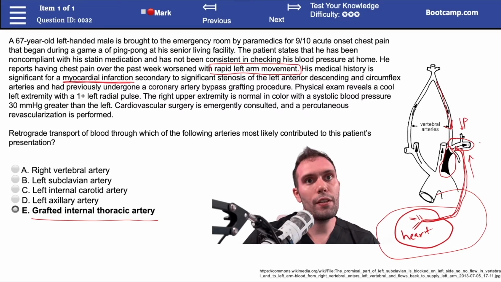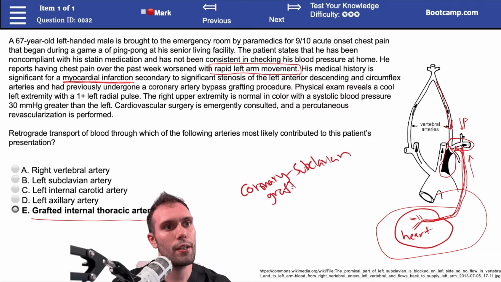So by moving the left arm, I'm stealing more blood flow from the graft as well as this left vertebral artery, and I'm going to induce angina in this patient and potentially vertebrobasilar symptoms as well. And so this actually is a specific type of subclavian steal. It's known as coronary subclavian steal. You can call it coronary graft subclavian steal. And so that's the concept.